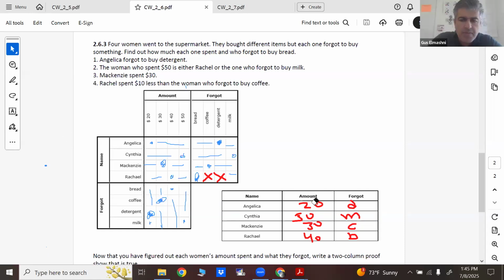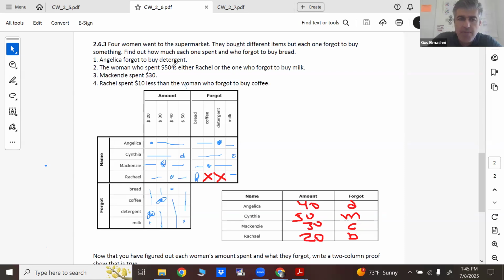No, I think it should be this. I think Angelica should be $40, right? Because if Rachel spent 20, that's definitely 10 less than Mackenzie. You have Mackenzie buying the coffee, right?